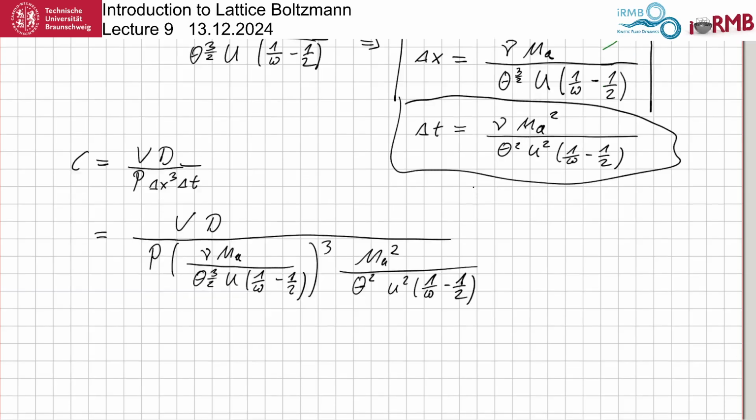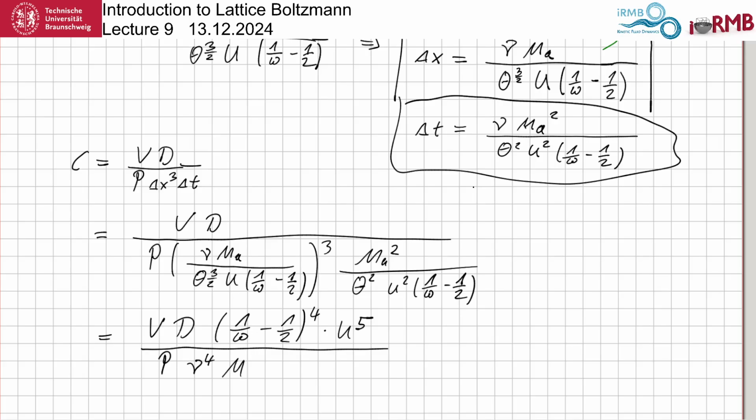If I'm not completely mistaken, this goes to volume times duration times, okay, we'll pick these two things up, 1 over omega minus 1/2 to the fourth power times u, so u to the third power here, to the second power here, so I guess this is u to the fifth power, divided by the performance of your code, nu to the fourth power, Mach to the fifth power, and theta to, okay, I pre-computed 13, I don't know whether this is correct, doesn't really matter, because this is a constant, so you can absorb this into P or the others.